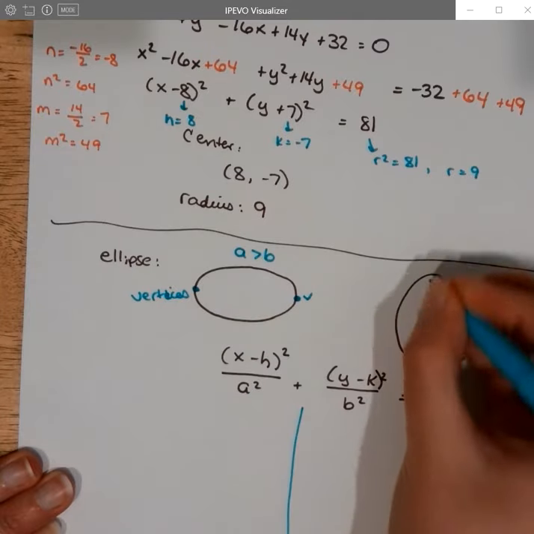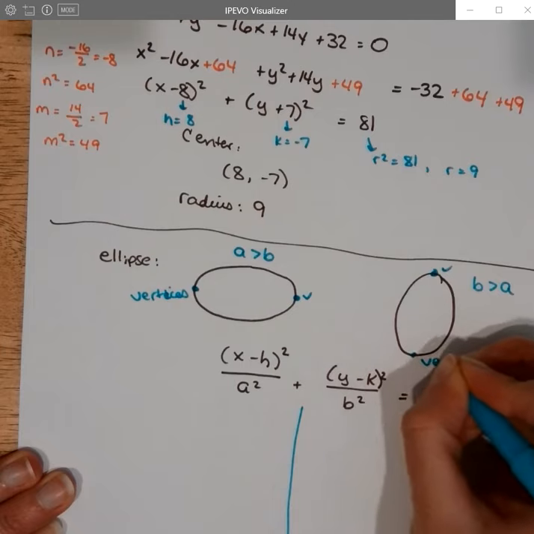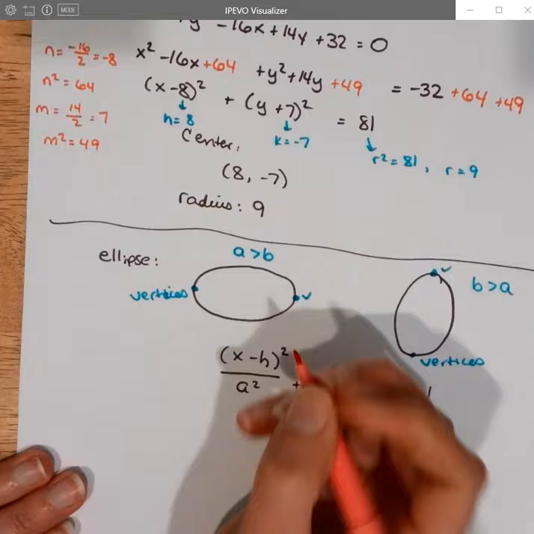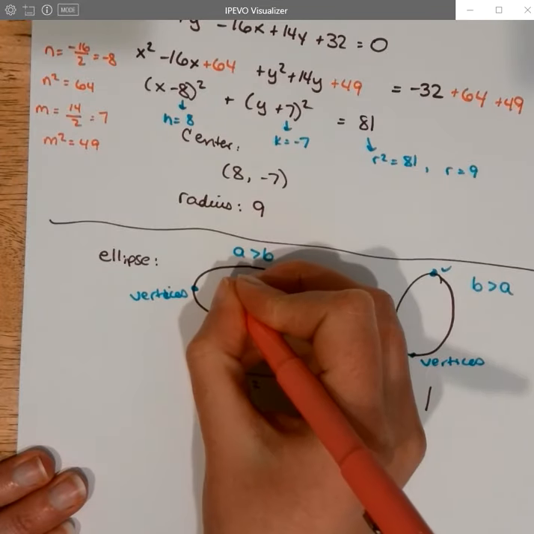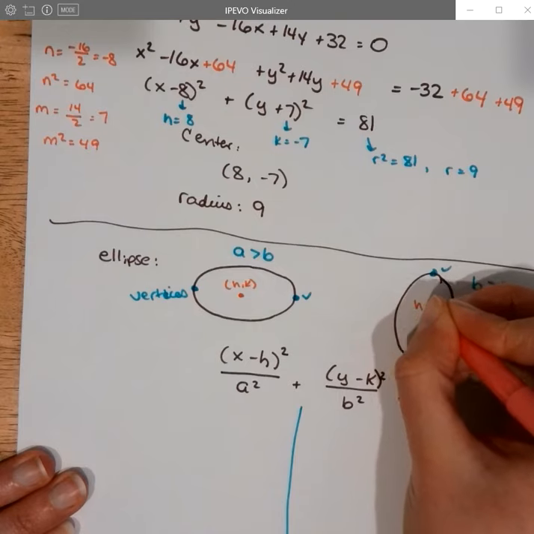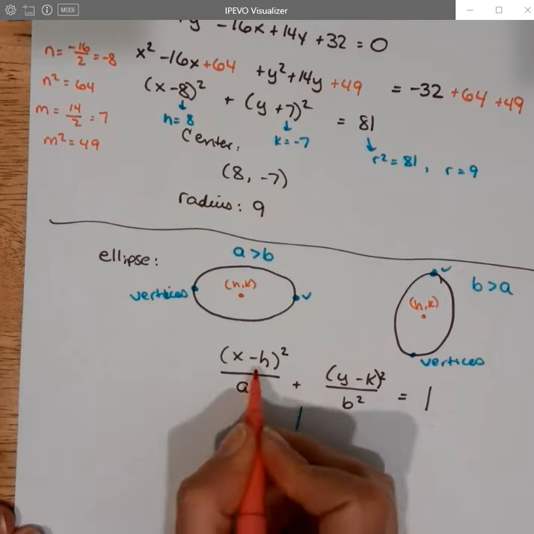I'm just going to label that V for vertex. So one of the vertices and then the other. And let me throw in our center point. Our center point is (h, k). That comes from the same place where the circle centers come from.